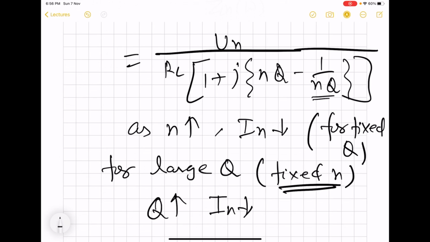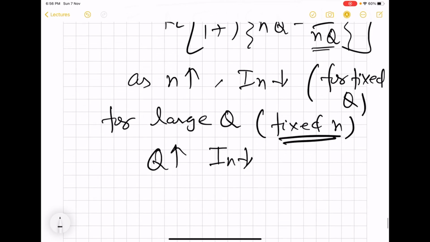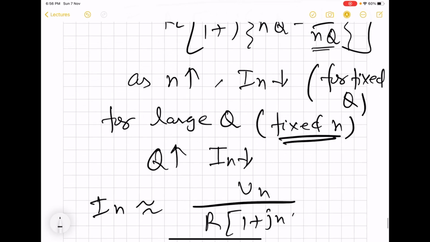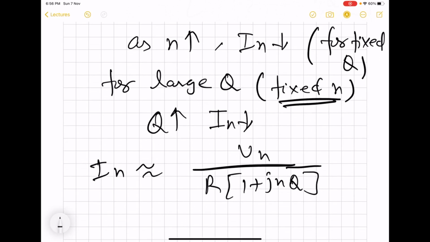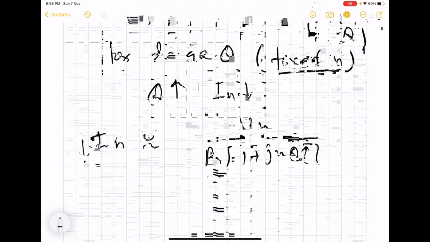So this term is in fact going to reduce very fast for large Q and for large n. So we can see that In approximately becomes Vn by RL times j n Q. So if you take Q larger, then the nth harmonic contribution is going to be 0.